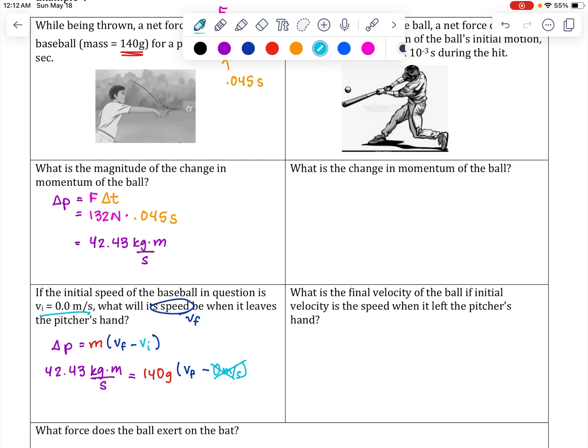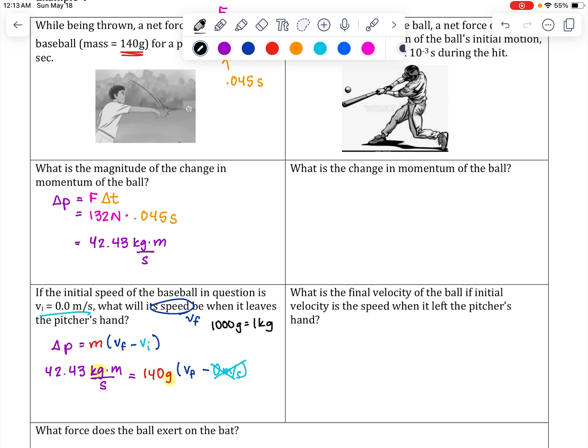Oh, wait, you guys, look. Sorry. This is in kilograms and this is in grams. That's not going to work. We have to make sure that our mass is in kilograms. Remember, there are 1,000 grams in 1 kilogram.